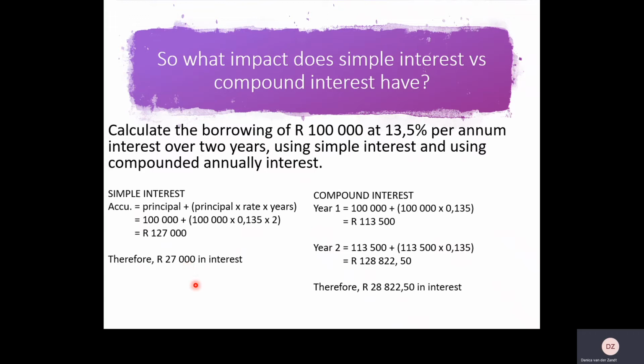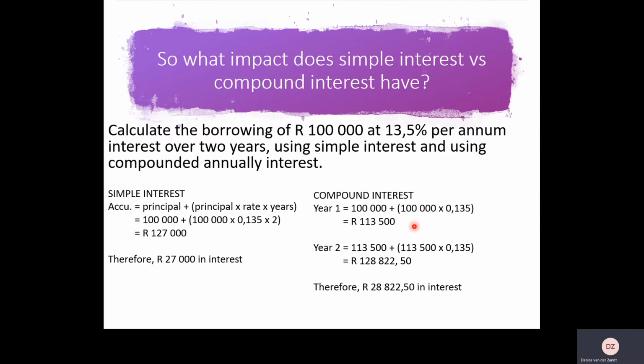Now let's look at my compound. In year 1, 100,000 plus 100,000 times 0,135, giving me a total of 113,500.